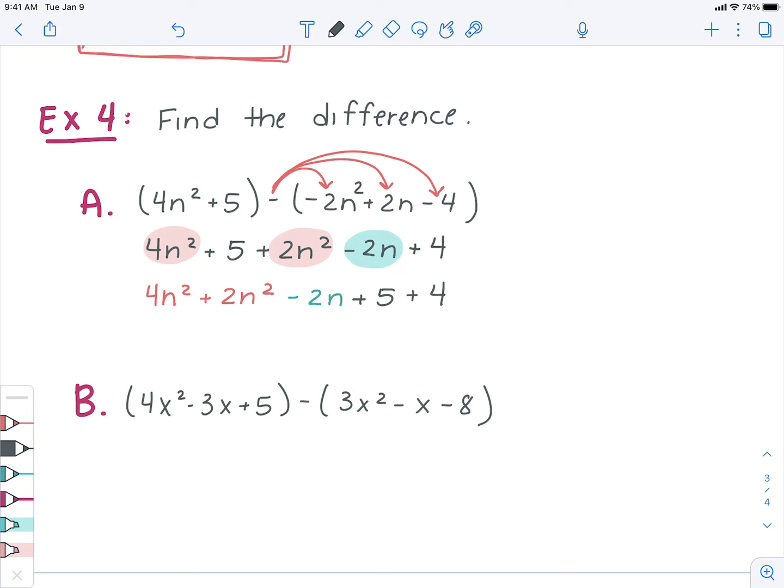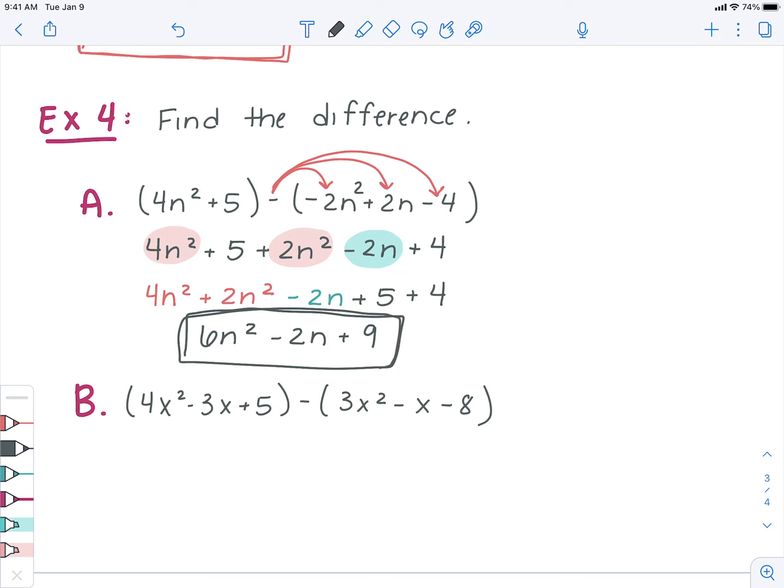So when I collect my like terms, 4n squared plus 2n squared gives me 6n squared. The negative 2n doesn't have anything to combine with. And then a positive 5 plus 4 gives me 9.